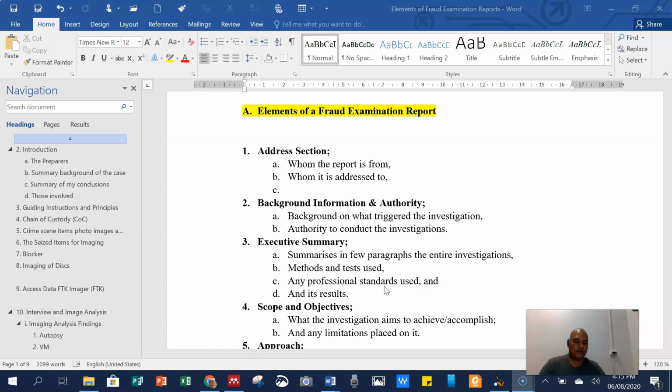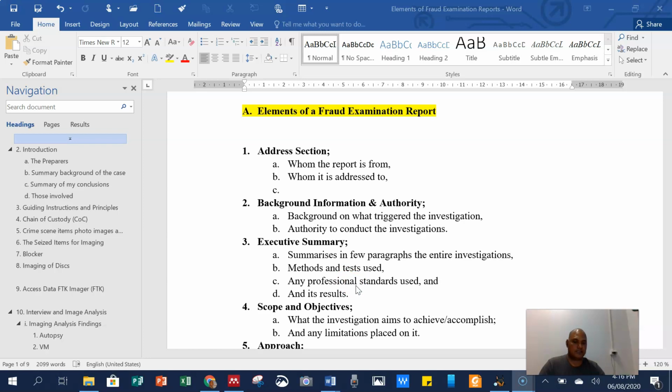As you know, we've already covered the block writer and the TX1, as well as the autopsy and the extraction of data. So these are important for the methods and the tests used. We can discuss the tools and the methodology that is implemented to gather the information.